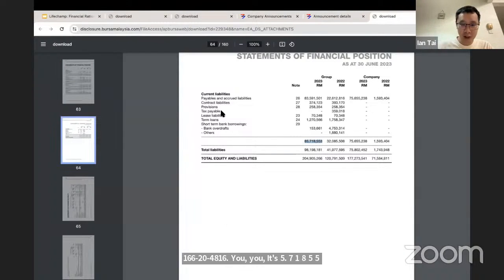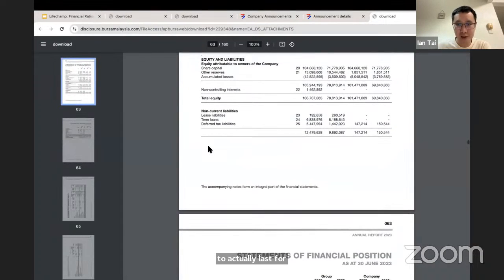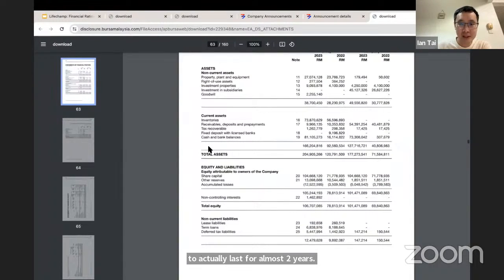If you do that, you will get a current ratio of 1.94. Which means it has enough current assets to last almost 2 years. Okay, so that is what it means.